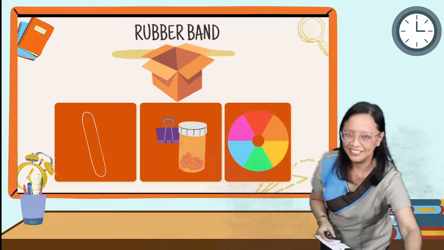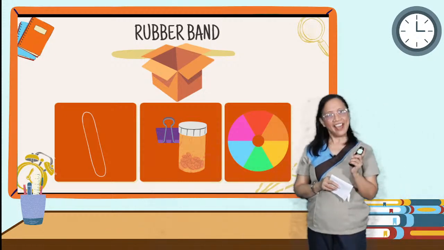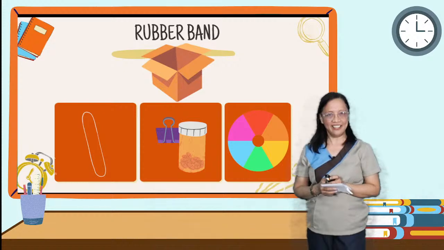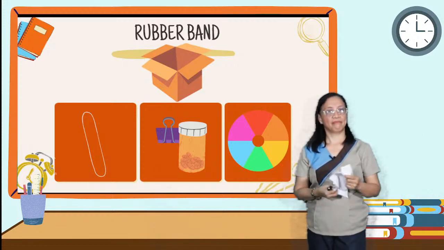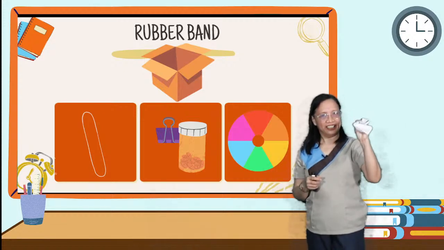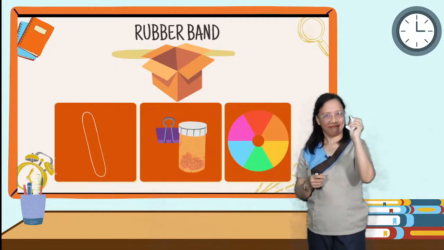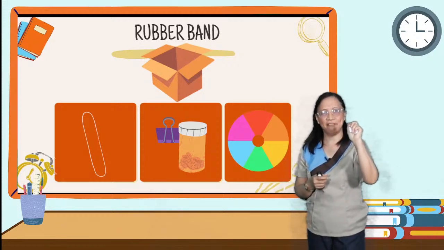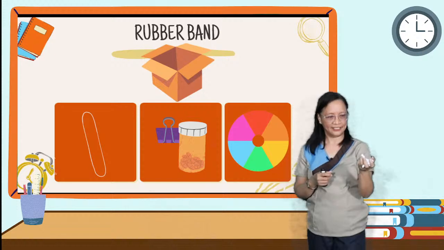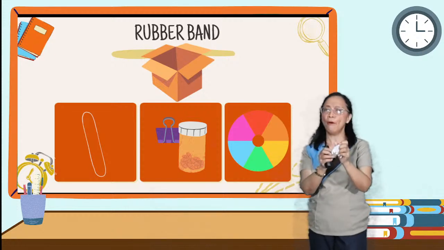That's correct. What else are you thinking of? Doing it this way? What's this? Crumpling. Very good. That's right. I crumpled the paper I'm holding.